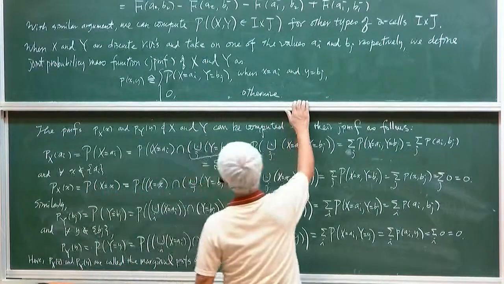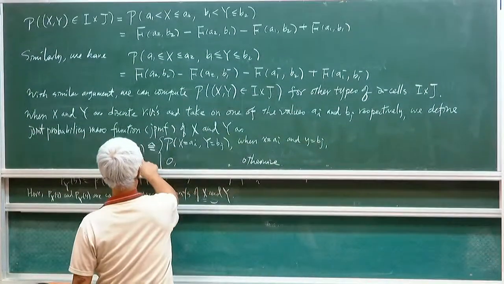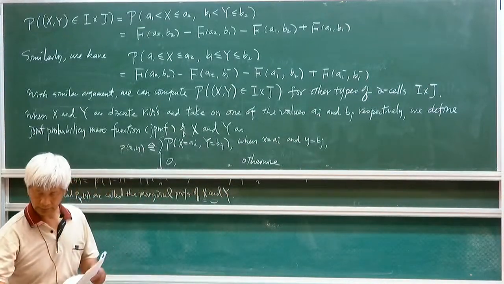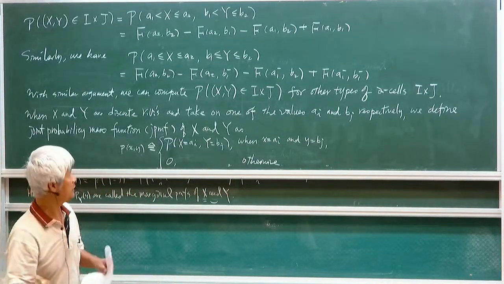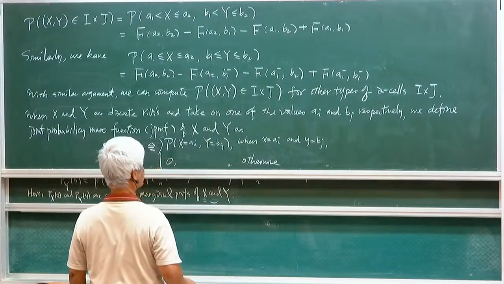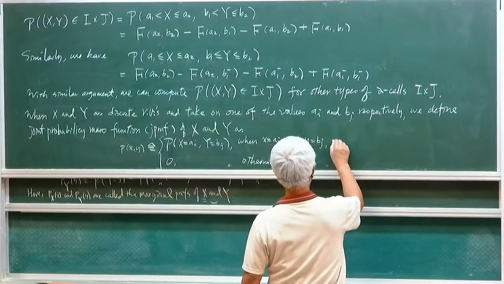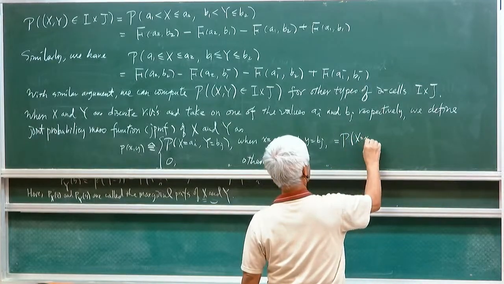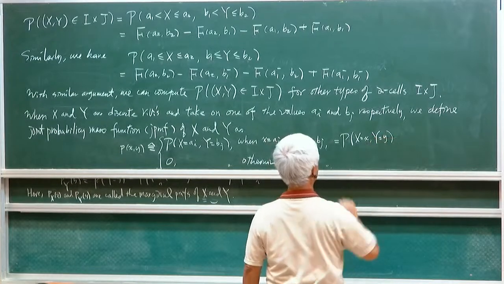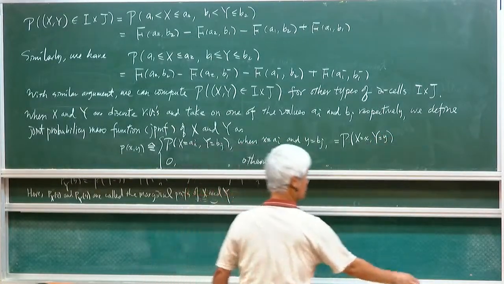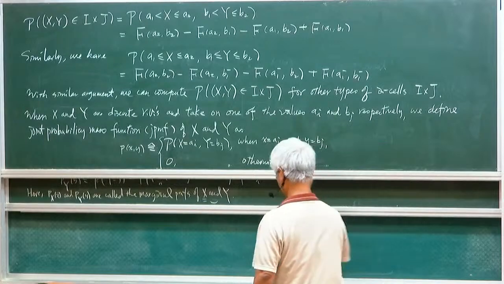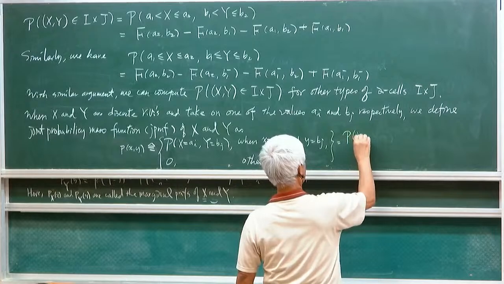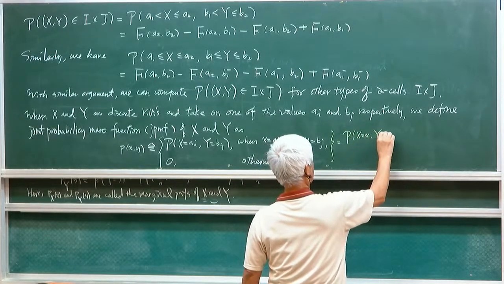Okay, and here, the joint PMF is actually equal to the probability that x equals x, y equals y.